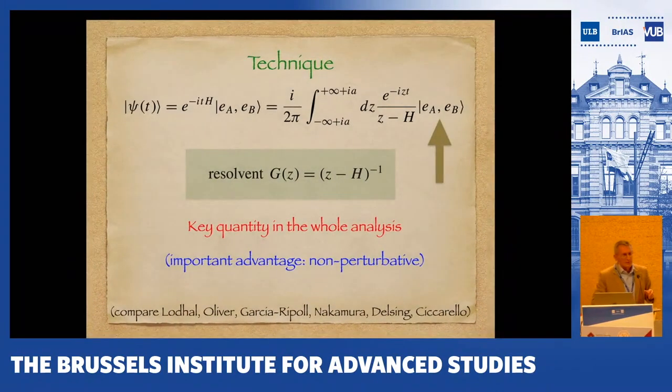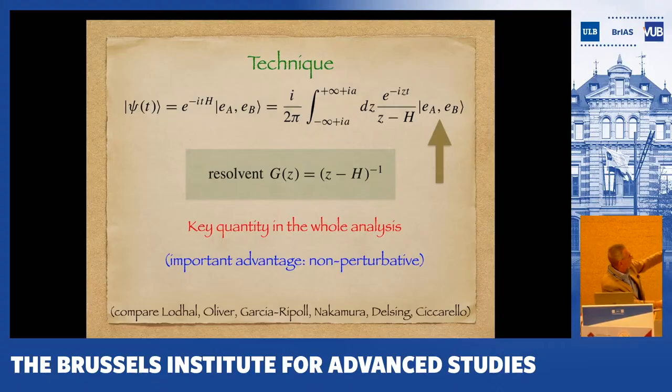Okay. One technical word. I have to explain the technique I'm going to use, because I will abandon this technique in a minute. So the technique is the following one. You look at the evolution of the system. You prepare the system with, for instance, two excited states, EA, EB, and you let it evolve under the action of the Hamiltonian. And the way you solve the system, you look at the resolvent.